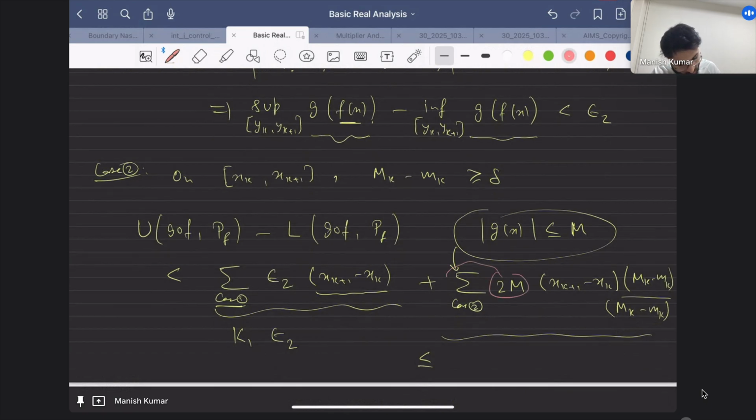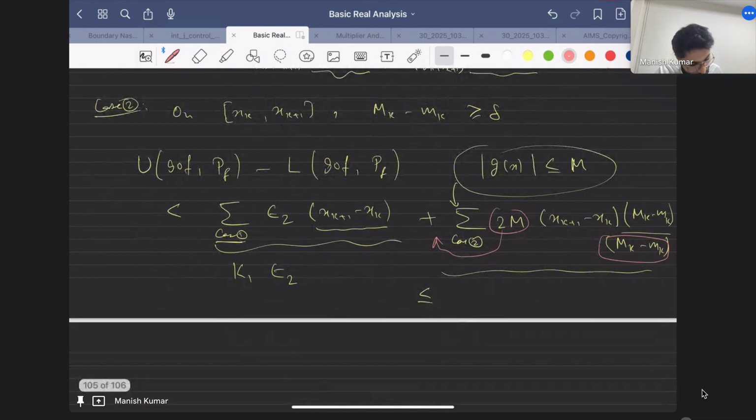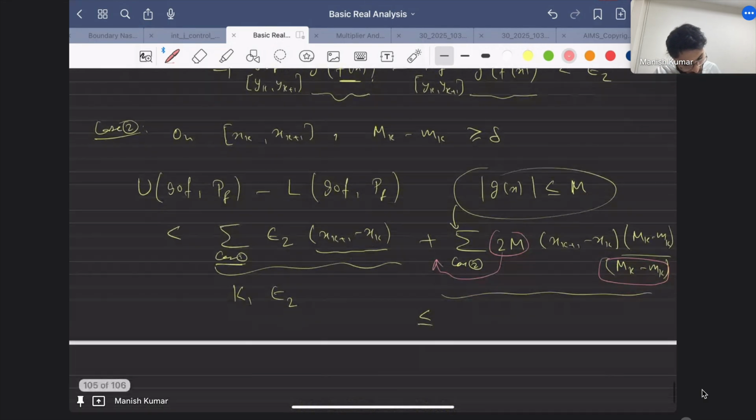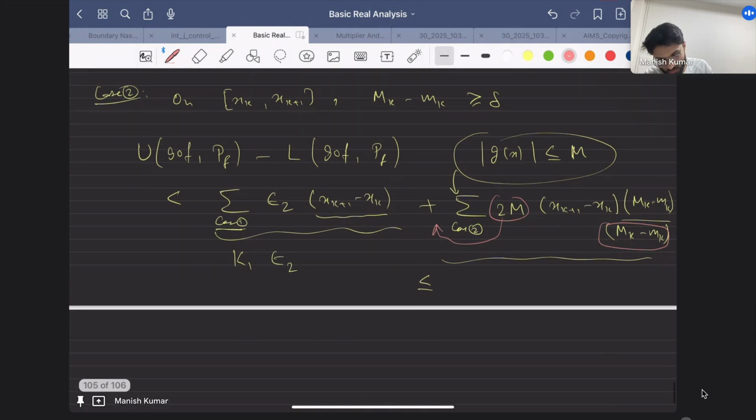Now somehow if I bound this quantity, but let me see how I can bound it. So I know that this Mk is less than or equal to some constant M.